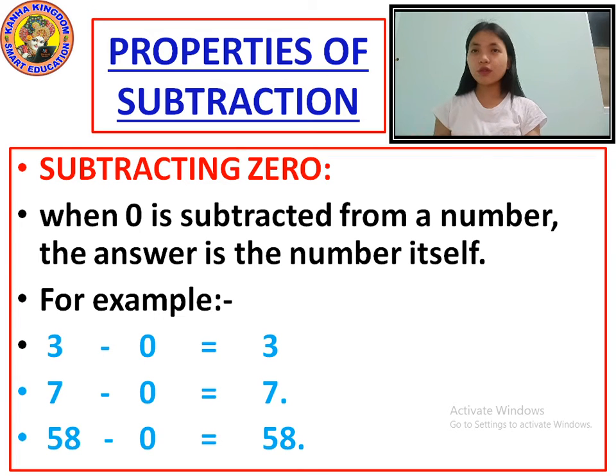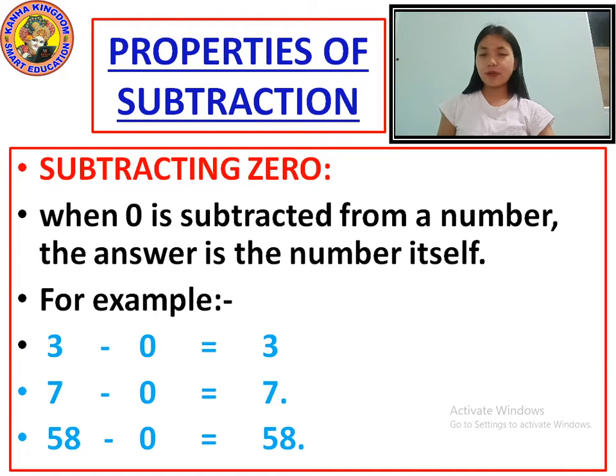Because you didn't give anyone any, or you did not take any yourself. So 0 means nothing. That means 5. So when 0 is subtracted from a number, the answer is the number itself.